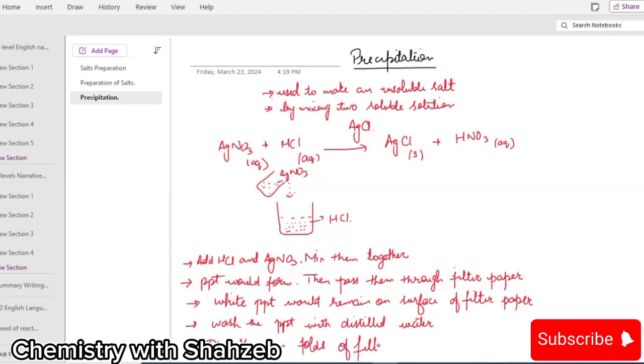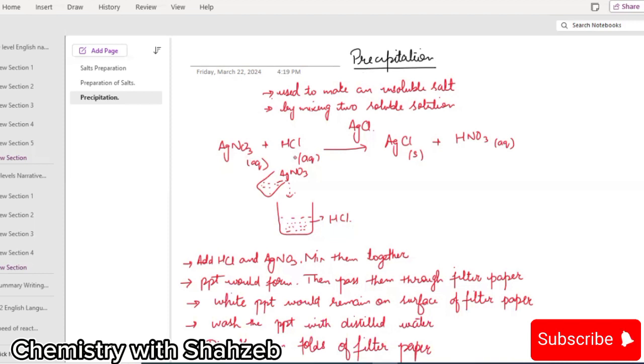So boys, you need to remember all these steps. In this way, we will be able to get the insoluble salts.